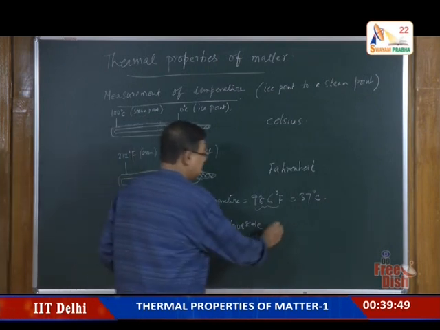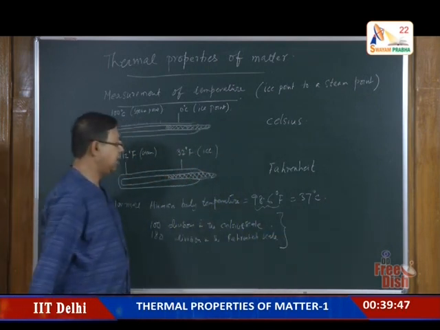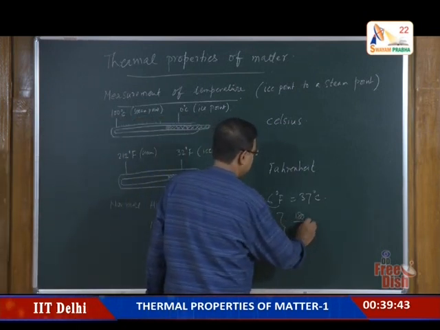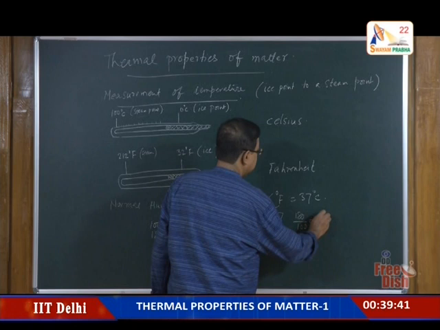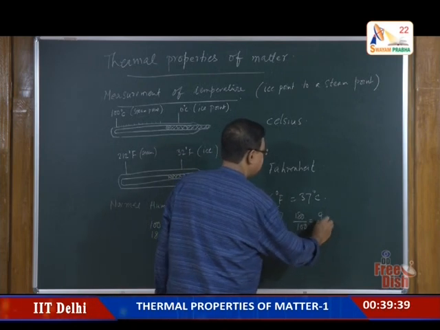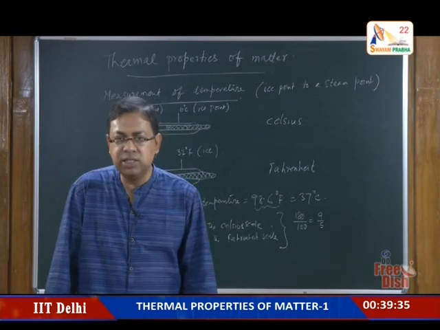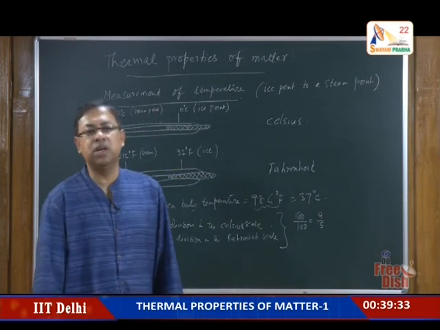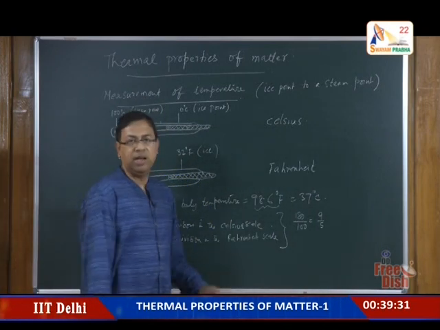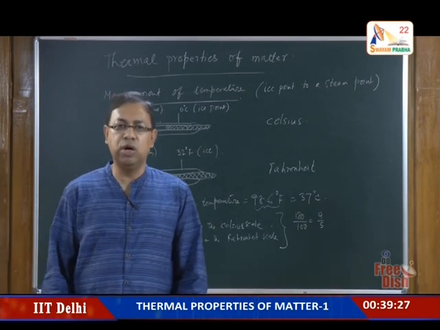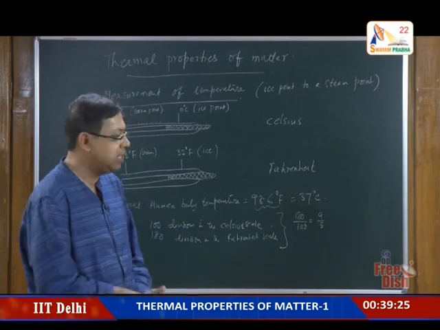Thus, the Celsius scale division is 180 divided by 100, which is 9/5 times larger. So, one division in the Celsius scale is 9/5 times larger than that of the Fahrenheit scale, and this could be easily used in order to draw a relationship between the two scales.